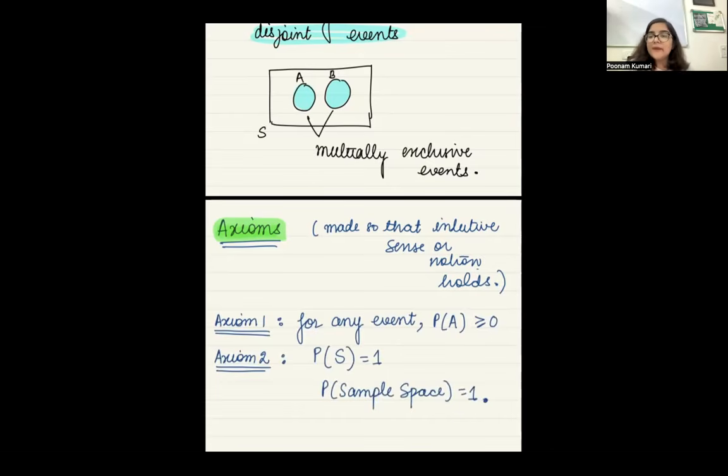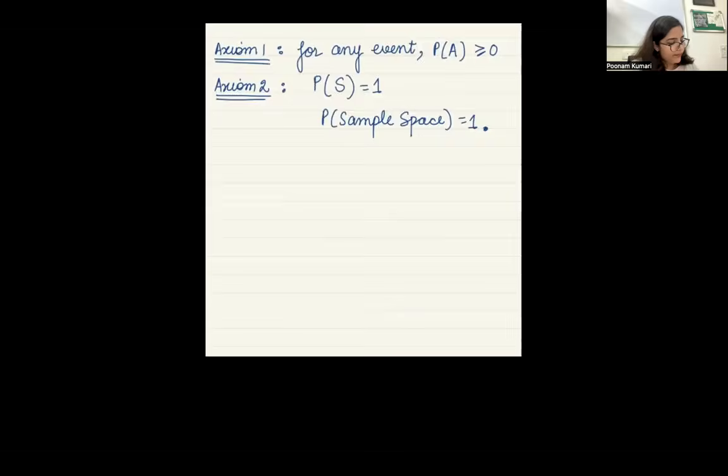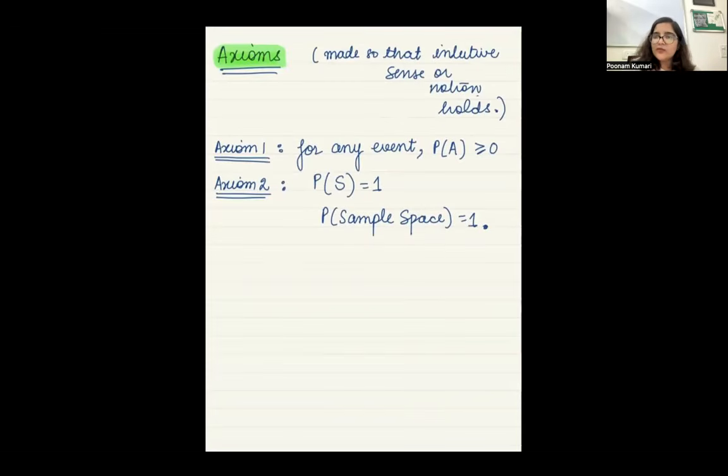This is my second axiom, Axiom number 2. Okay. The first axiom was that every event will have a probability greater than or equal to 0. The second axiom is the probability of the sample space. Something will definitely happen. Probability of sample space is 1.